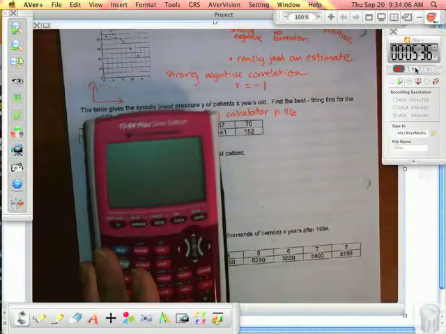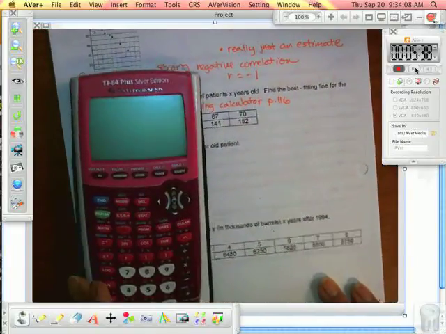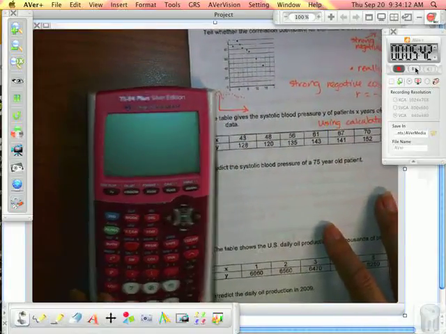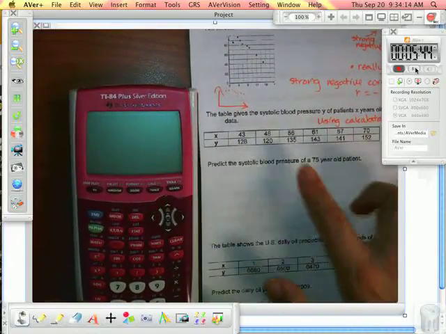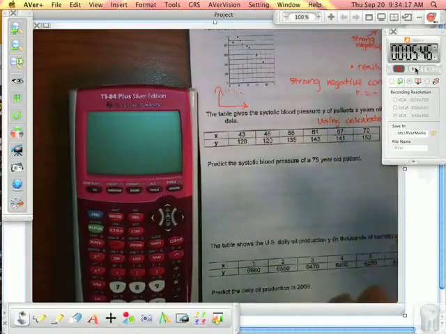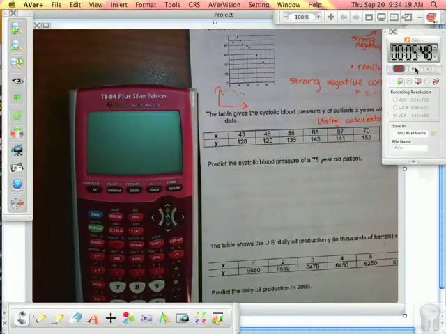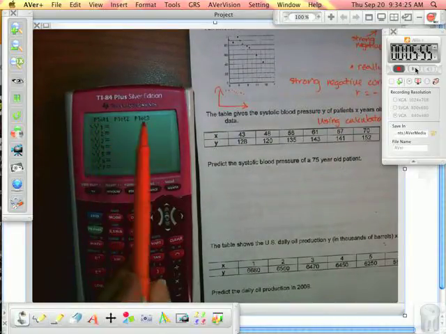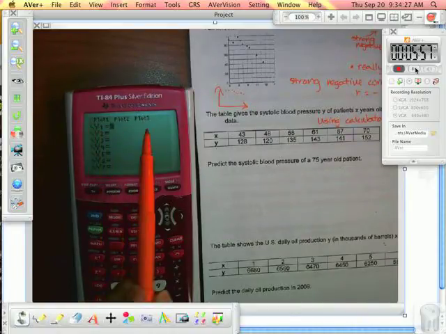Okay, well, here we go. Let me put this in here, sort of see if we can see it. So you have a table, and you have X and Y, correct? Okay, what you got to do is turn the calculator on, get to this screen, Y equals. Make sure that none of these are highlighted. Oh, they could be, but we're going to make sure to turn them off.